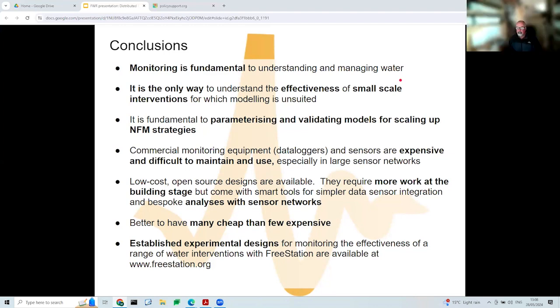There are some, yes, and my colleagues at King's College London have a low-cost water quality sensor, or set of sensors and a data logger, based on Arduino. So if you look up King's College London Arduino water quality, you will find the GitHub page for that with all the information. We have a few water quality sensors on FreeStation too, but water quality is always much more difficult and much more expensive to monitor well.